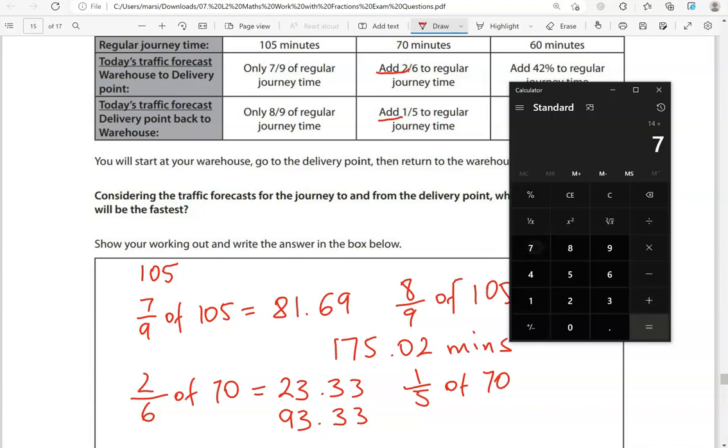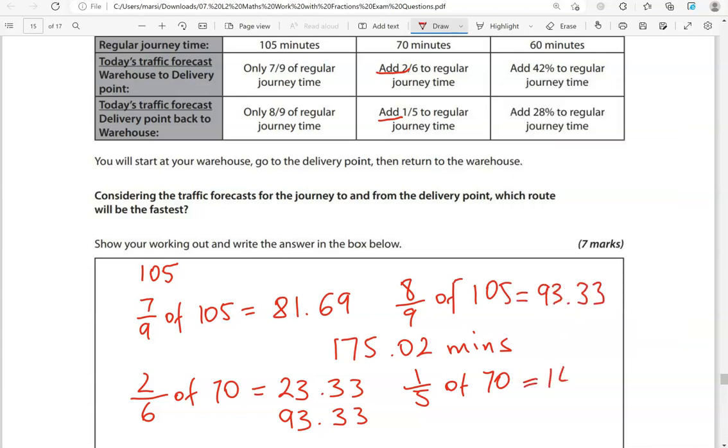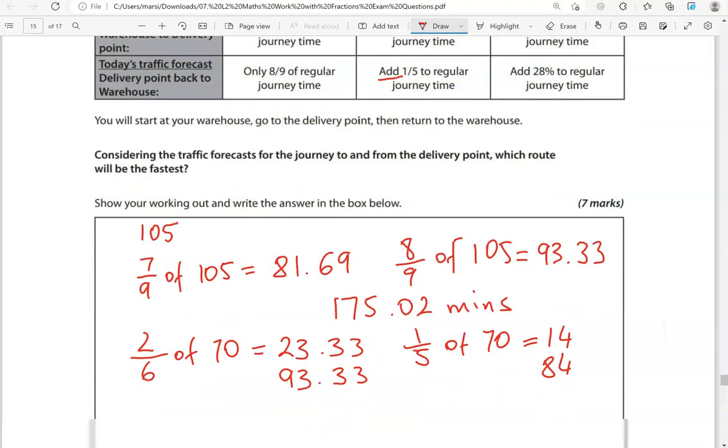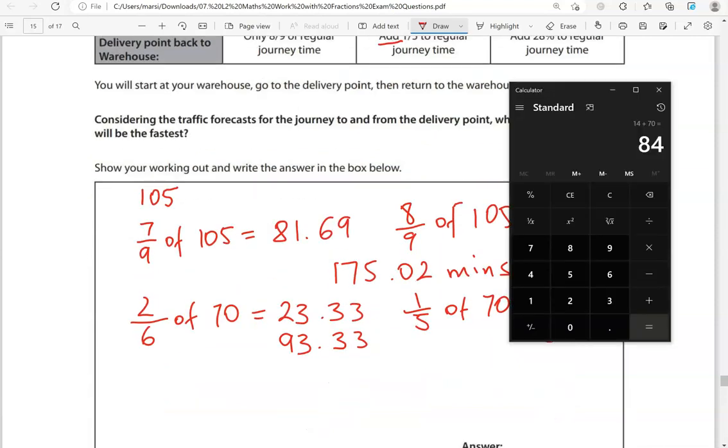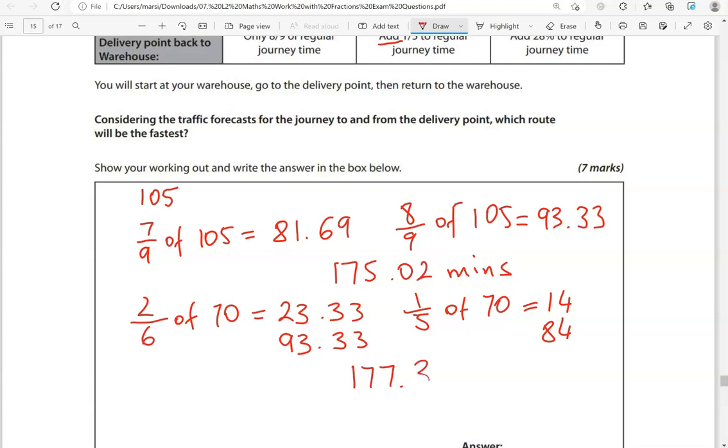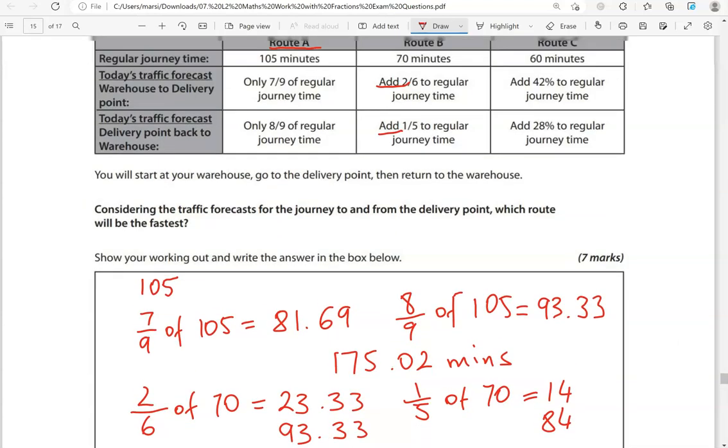So plus 70 gives us 84. So 84, add the 93.33 gives us 177.33 minutes. That's route B.